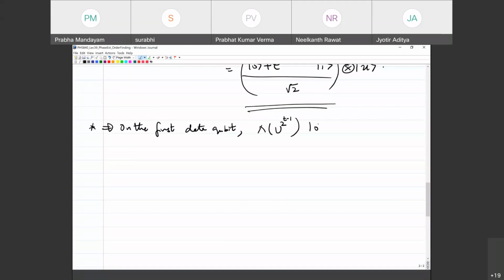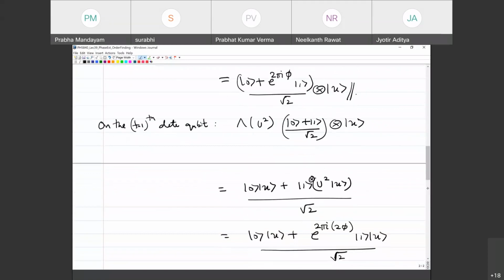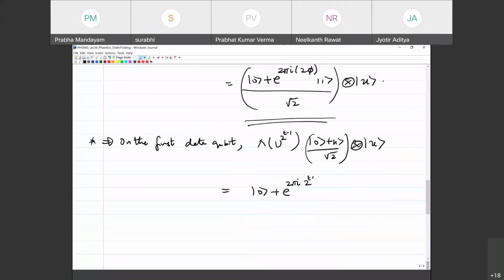And once again, this is the plus state and this is ket U. So I hope you can see that this is going to leave the control qubit in the state. The first one was just phi, that's 2 to the 0 times phi, 2 to the 1 times phi. So this is going to be 2 to the t minus 1 phi. This is what the data qubit will be in. And this is the answer.